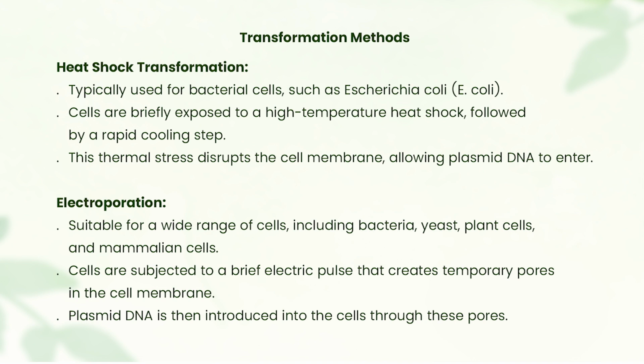In electroporation, suitable for a wide range of cells including bacteria, yeast, plant cells and mammalian cells, cells are subjected to a brief electric pulse that creates temporary pores in the cell membrane. Plasmid DNA is then introduced into the cells through these pores.